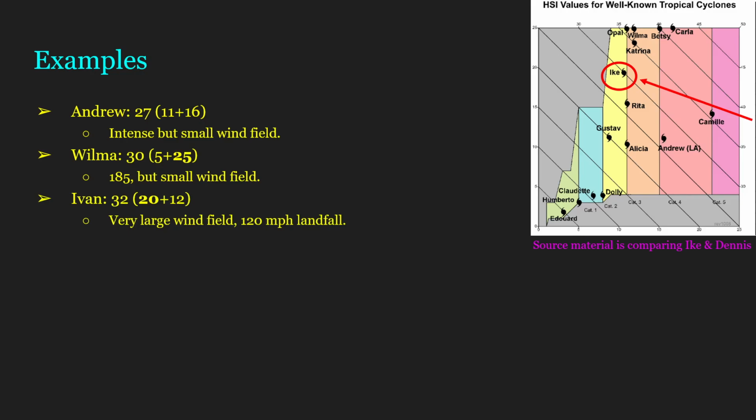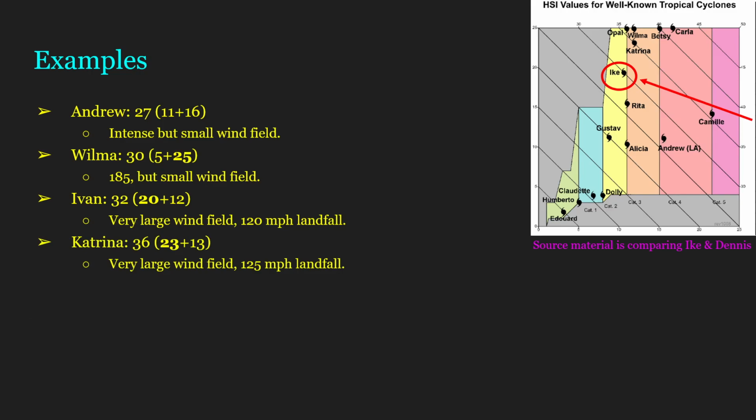Ivan actually has a higher HSI than Wilma at 32. Ivan's landfall HSI was that, 20 for the size and 12 for the intensity. Ivan had an extremely large wind field upon landfall and made landfall at winds of 120 miles per hour.